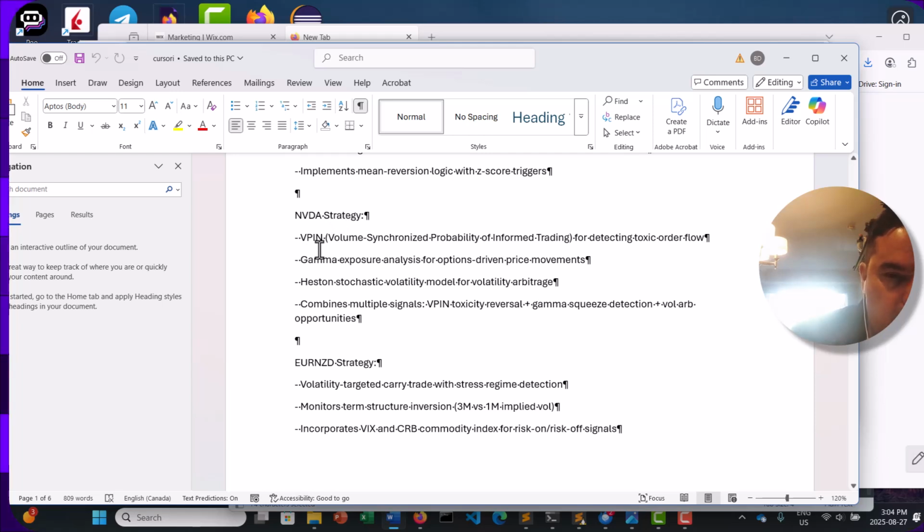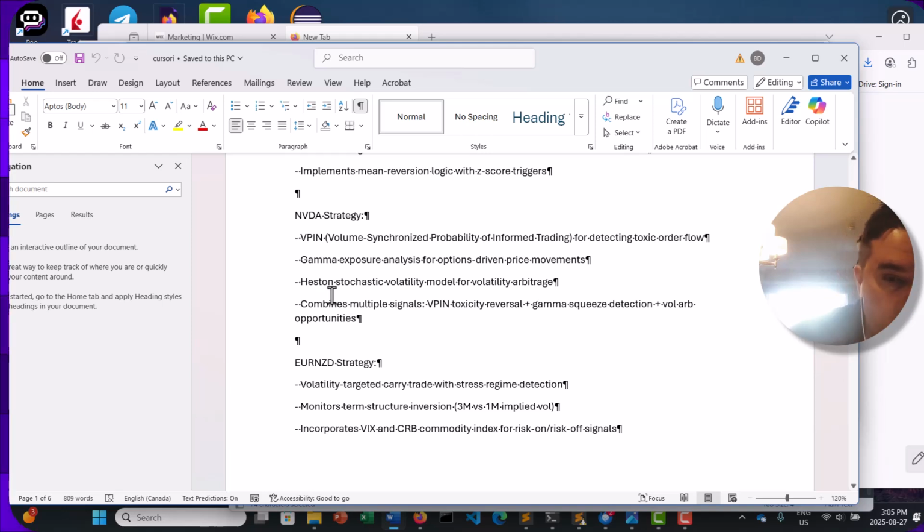Then we have Nvidia. This is one I've mentioned before. VPIN, volume synchronized probability of informed trading, for detecting toxic order flow. Apparently, that's one that a lot of HFT shops use. They're not going to tell you that. Then we have gamma exposure analysis for option driven price movement. Again, not talked about.